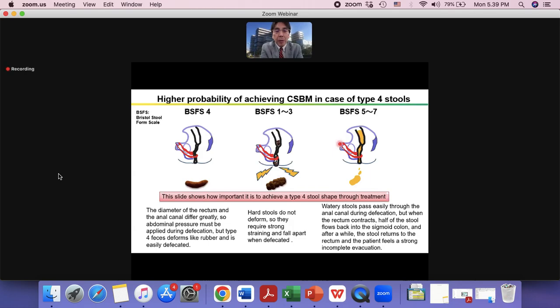After 10 or 20 minutes, the stool returns to the rectum, and the patient feels a strong sense of incomplete evacuation. That's why the patient goes to the restroom several times, sometimes 10 or more times. It's very, very hard for the patient, especially in the cold season.